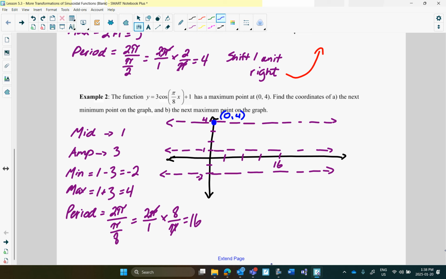Well, if we sketch the first cycle, it's going to go to the mid, to the min, to the mid, to the max. So it's going to go like this. Well, these are the 2 points I'm looking for. It says the next min and the next max.